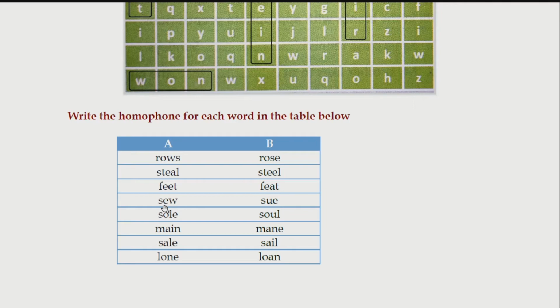Next one, SEW, sew. The meaning of this is silna, or you can also say knitting or stitching something. And the homophone for the same will be SUE, sew. Now this meaning is, in Hindi we say mukadma chalana. I'll explain to you what that means. For example, you are walking or you are traveling by a vehicle on the road.